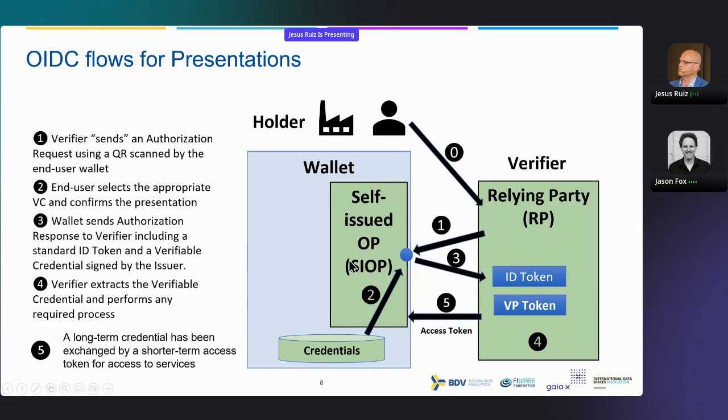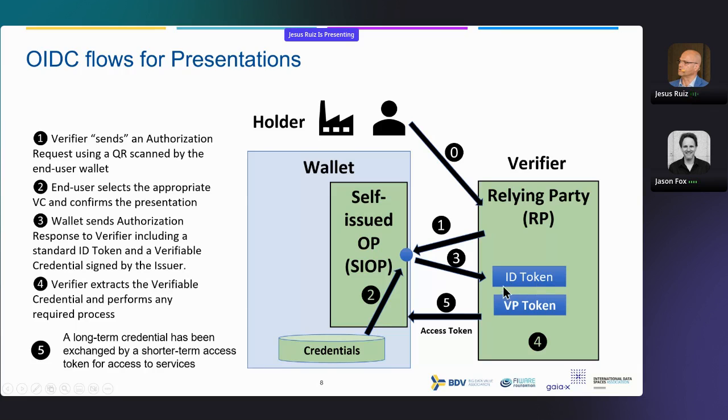So they can request the credentials in real time if they know that this is going to fulfill the requirements from the verifier, okay? Now, the verifier is going to receive the credential inside as a JSON thing inside the flows of the OpenID Connect.